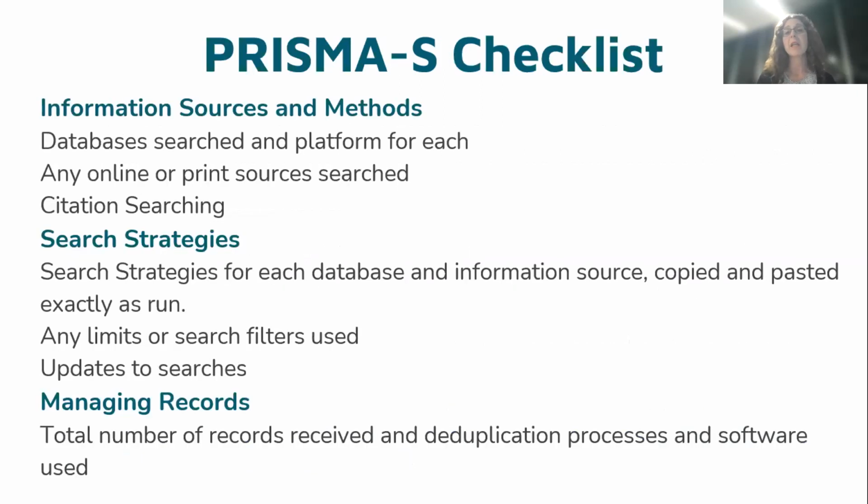So just to give you an idea of some of the information that you need to report. In terms of your information sources and methods, the databases you searched and the platform that you used, any online or print sources that you searched, any sources you hand searched would be included, any citation searching you did, the search strategies for each database you searched or information source, copied and pasted exactly as they're run, if you've used any limits or search filters, if you've updated the searches before publishing, and then when you're managing your results, the total number of records received and the deduplication process and the software used.